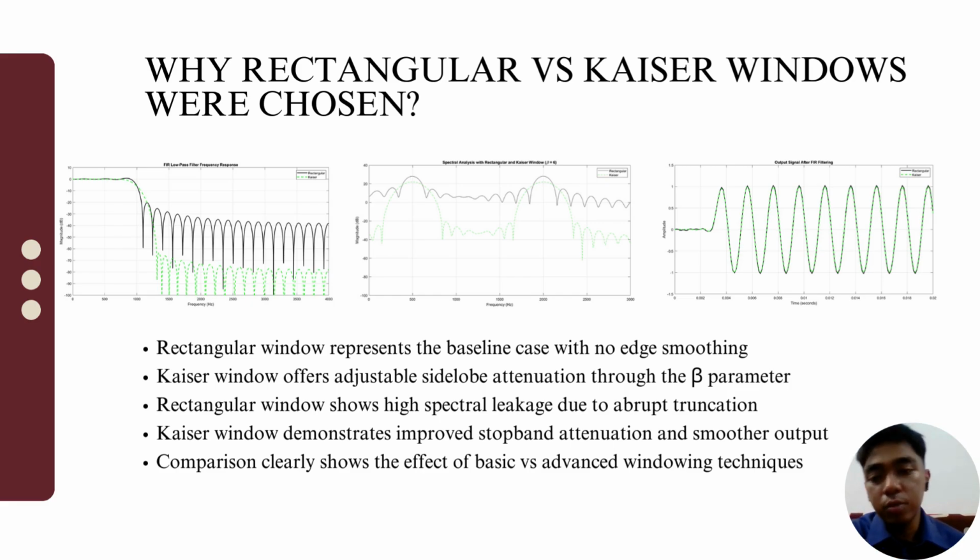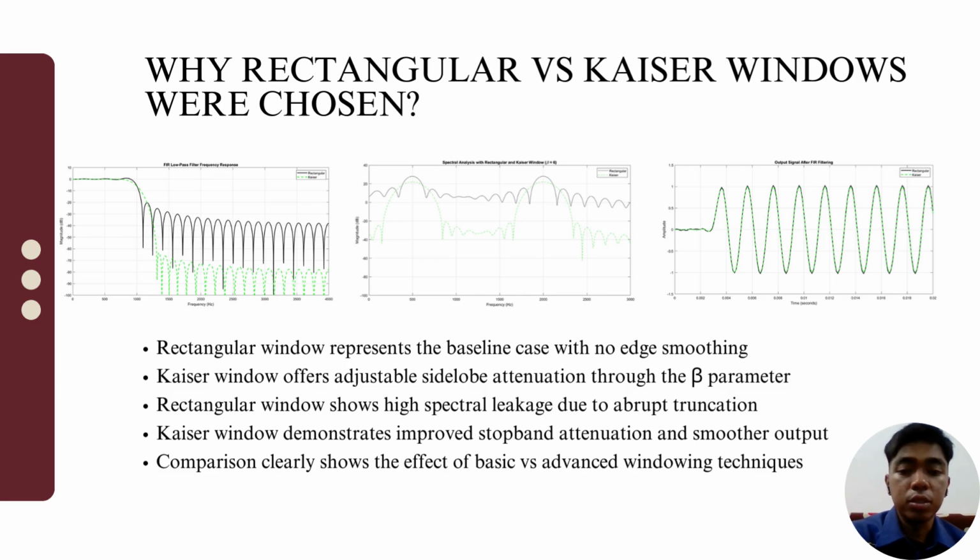So, about the output signal plot, we can see the time domain result after filtering. The input was a mix of 500 Hz and 2000 Hz. Our cutoff is 1000 Hz, so the noise at 2000 Hz should be removed.